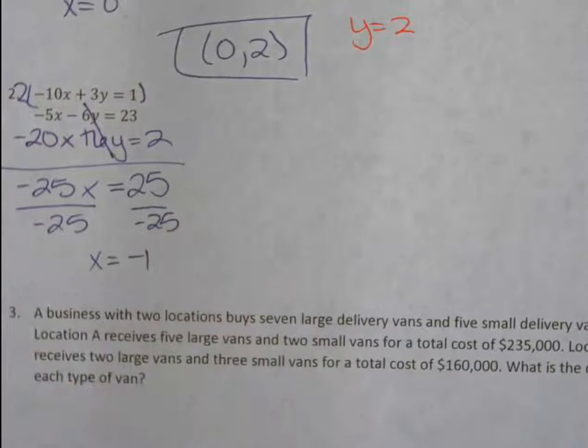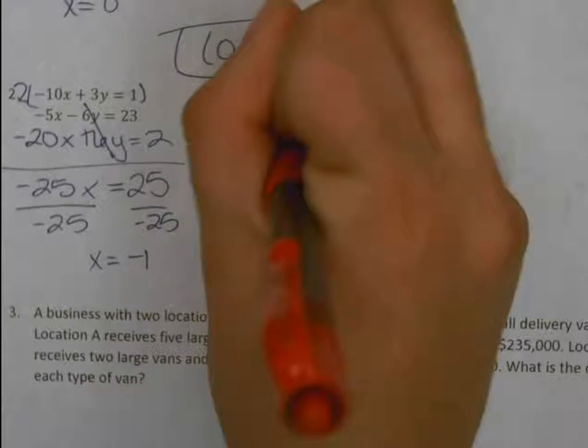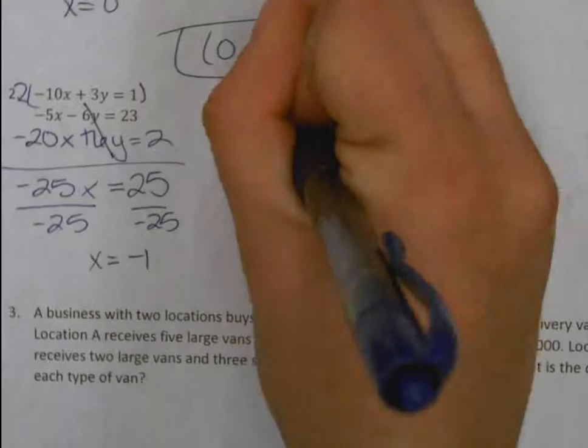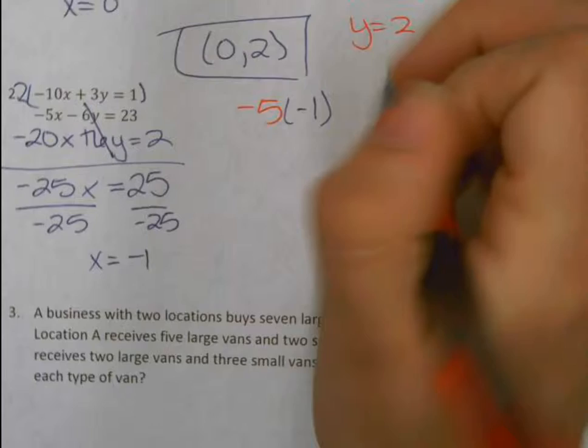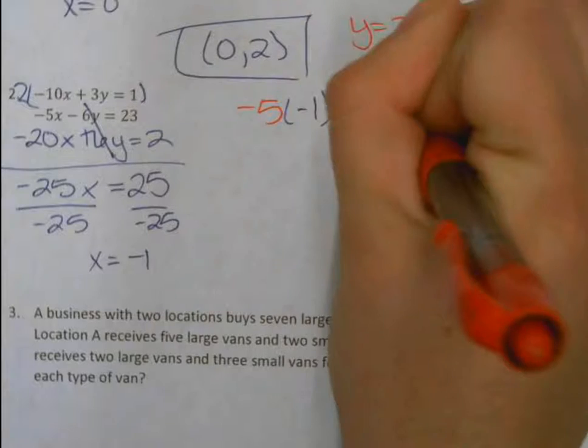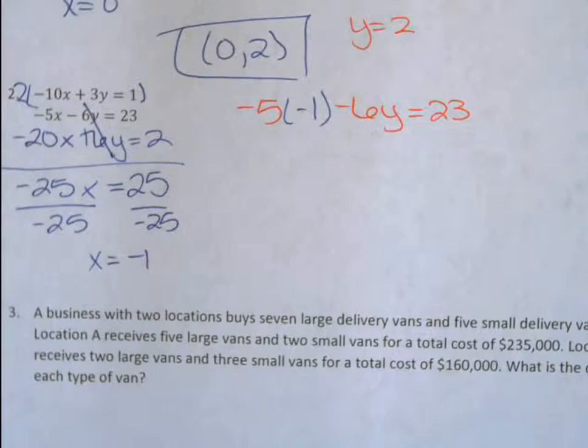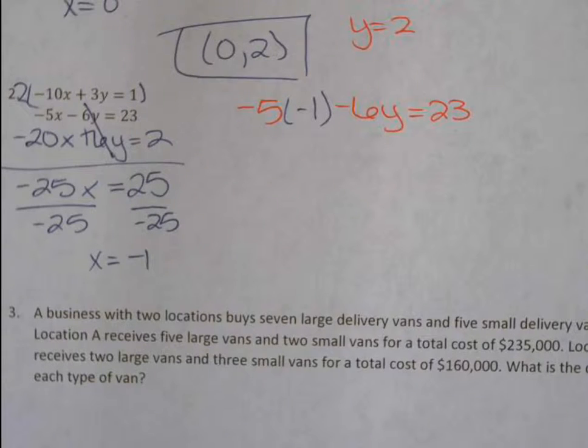So negative 5x? Okay. So negative 5 times negative 1 is positive 5.